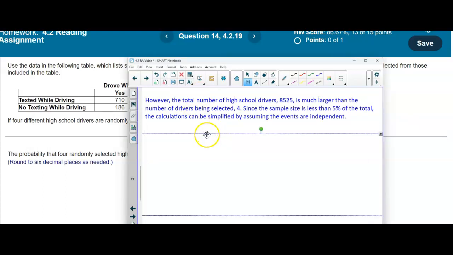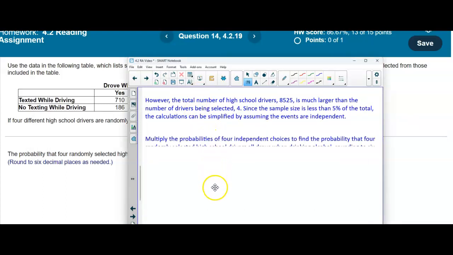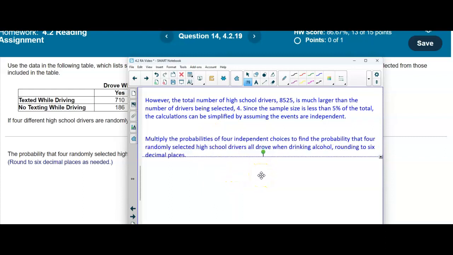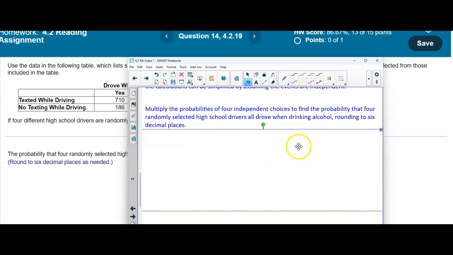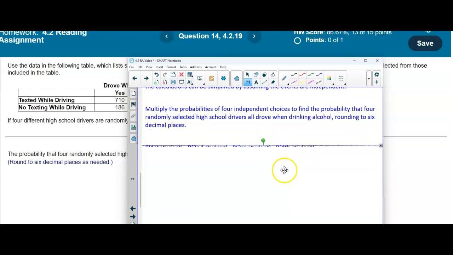So now that we can assume that they are independent, what we want to do is multiply the probabilities of 4 independent choices to find the probability that 4 randomly selected high school drivers all drove when drinking alcohol, and then round it to 6 decimal places. So we're taking the probability of the first student being randomly selected times the probability of the second student being randomly selected all the way to the fourth student.